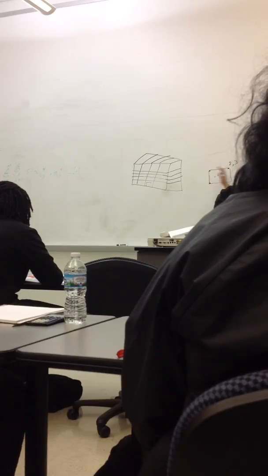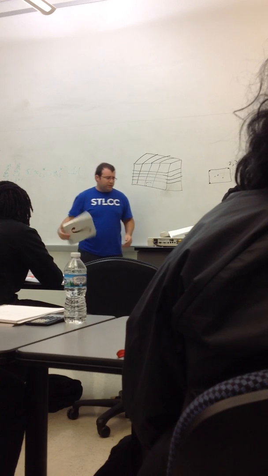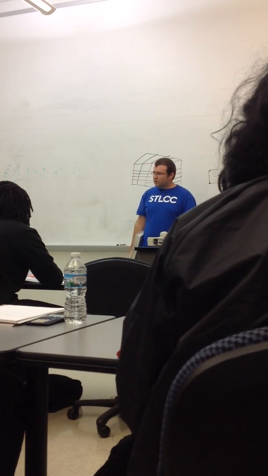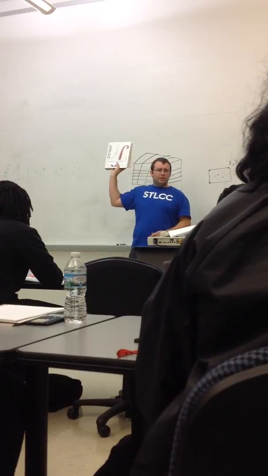Do I look at the left? Do I look at the right? Do I look at the top? Do I look at the bottom? Say I'm trying to figure out how much volume this desk is, right? So I'm going to build this desk out of these books.